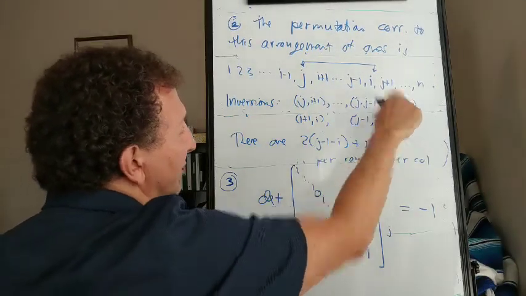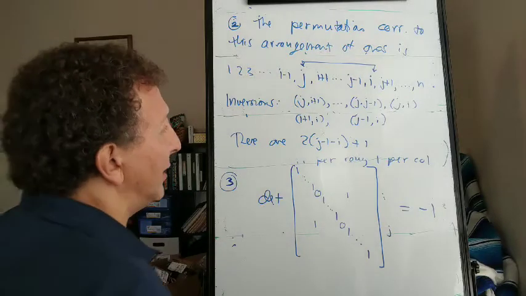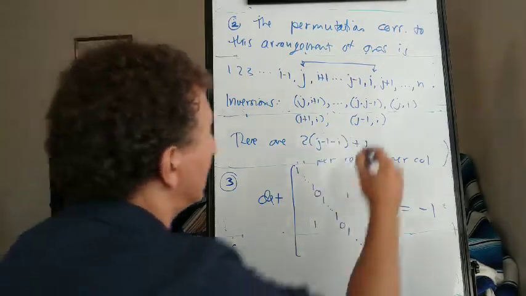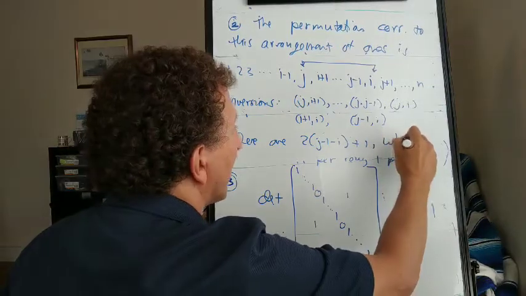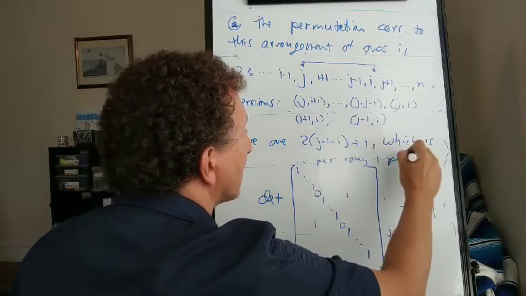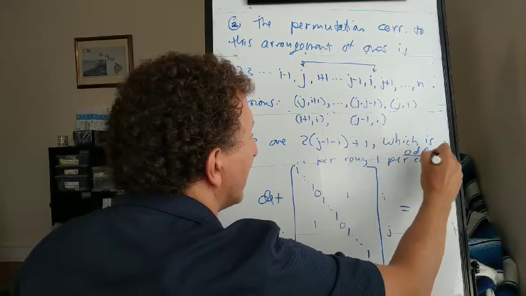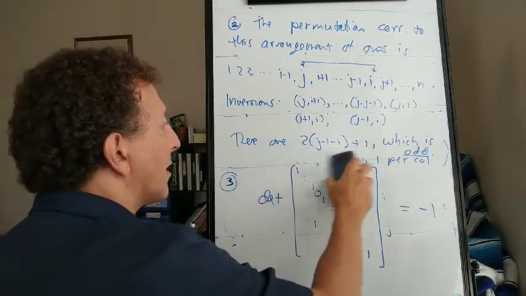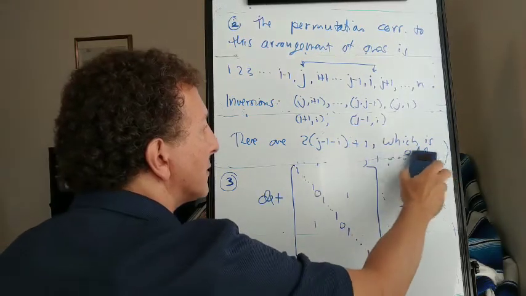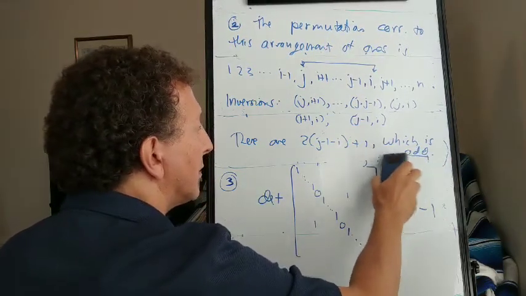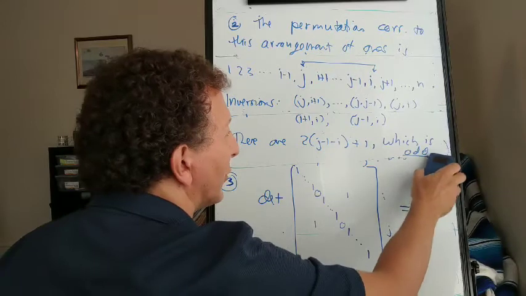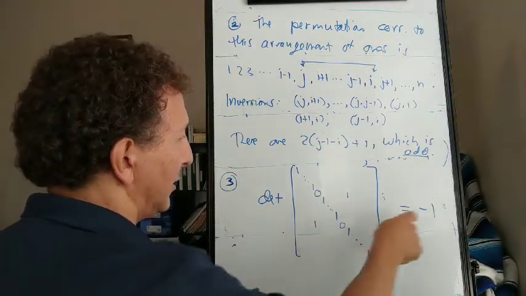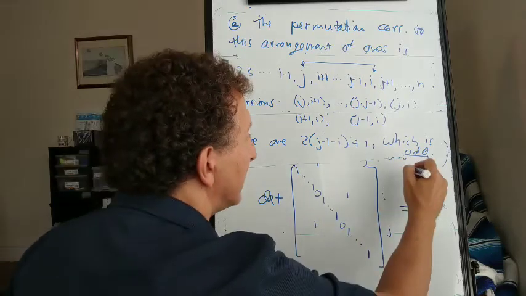And then 1 inversion for the I and J that got swapped. Well, 2 times anything plus 1 is an odd number. That's odd. So that means that we're going to get a sign of -1 to an odd number, which is -1.